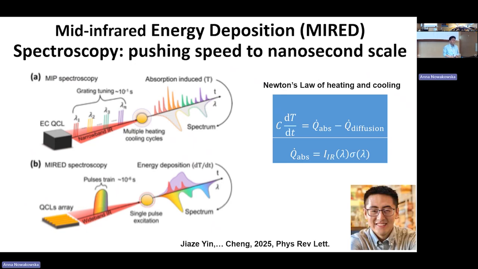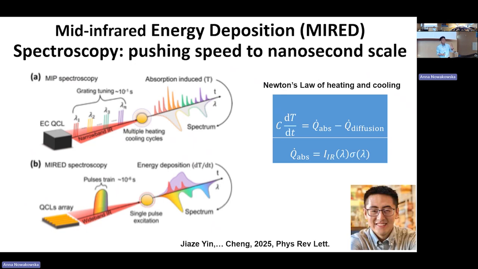But this is not true. If you look at this Newton's law equation, the absorption and the diffusion decay provide the same information about the absorption.